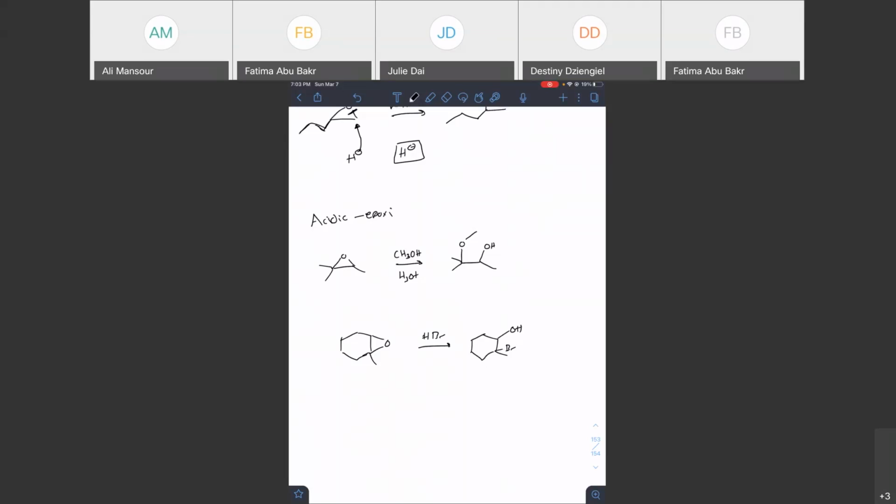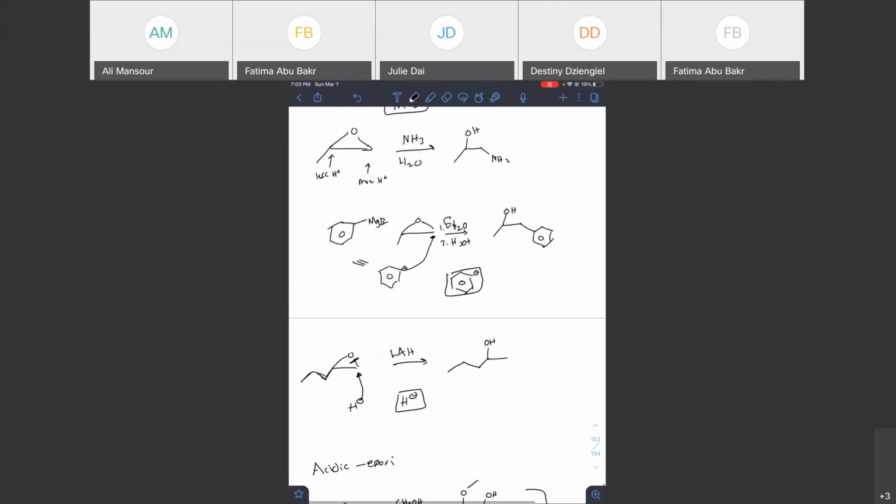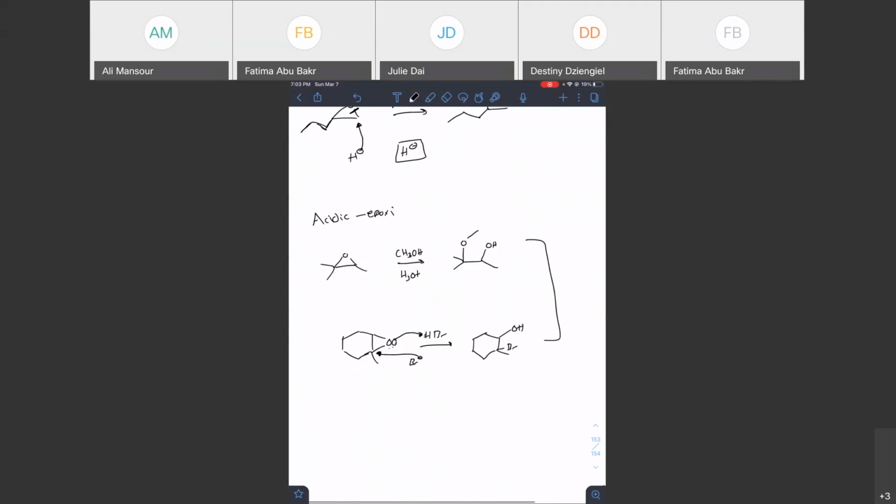I think it's because I'm not quite sure of the mechanism for both of these. I have a feeling that what happens is that this takes one of its O's and grabs the hydrogen first, and then a Br minus will come along and attack here. That's my feeling on the mechanism, but again, I have no way of knowing. Yeah, that feels about right to me too, because it feels like the O grabs onto the positively charged H, and then everything else happens.